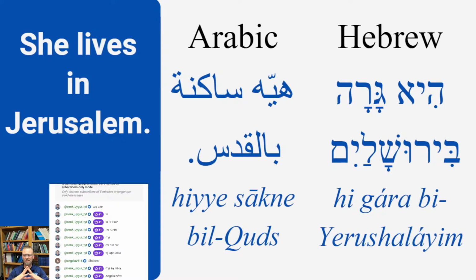Okay. So let's start with the Hebrew. He gara birushalayim. He gara birushalayim. So he means she. Gara is the feminine singular present tense, meaning lives. Bi at the beginning of Birushalayim means in, and Yerushalayim means Jerusalem.